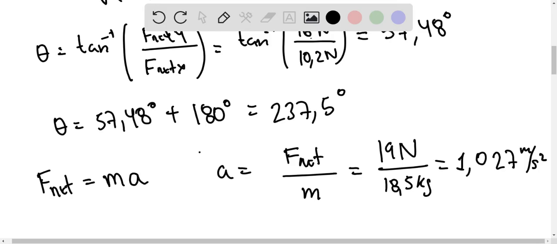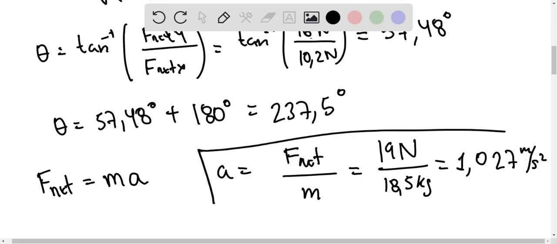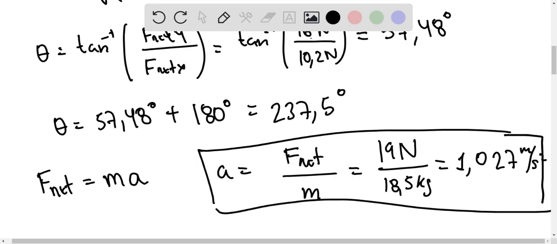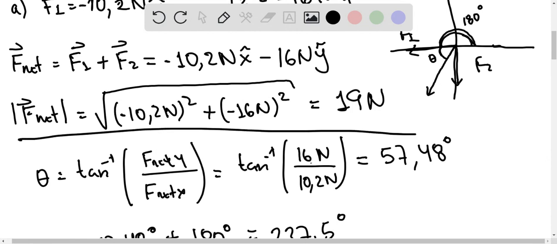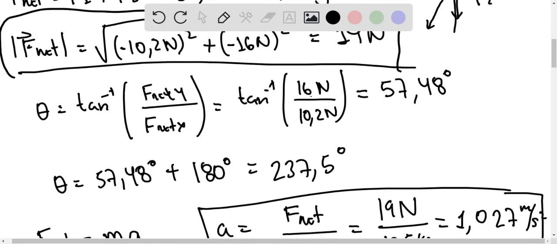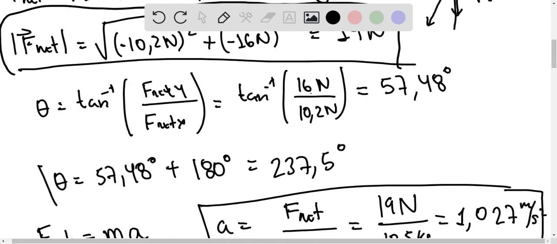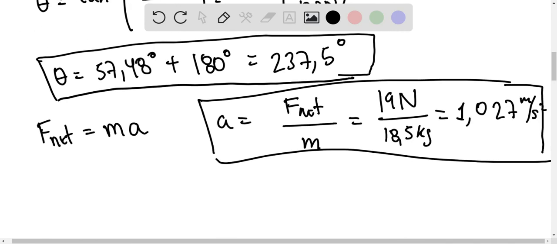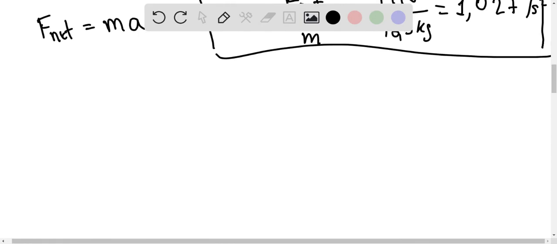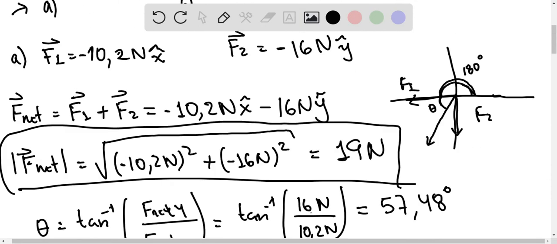This is the magnitude of the net force, and this is its angle with respect to the positive x-axis.